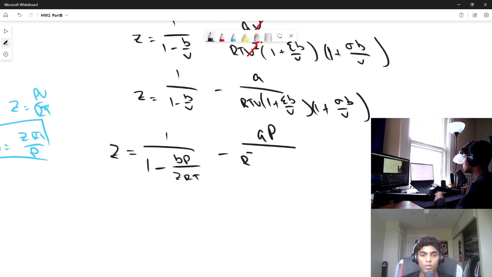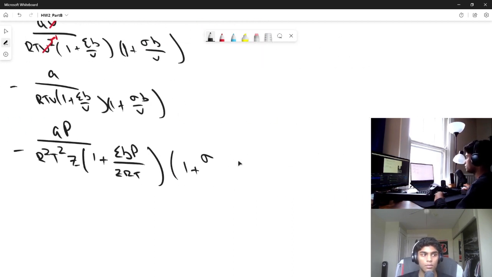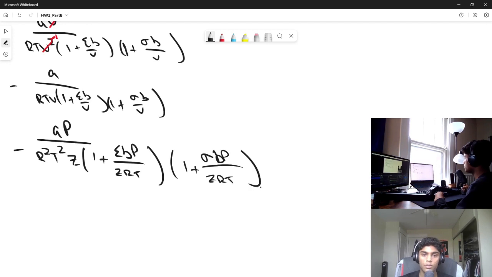So it's going to be R squared T squared times Z. And we're going to do the same thing for this. It's going to be 1 plus epsilon bP over ZRT. And same thing here, 1 plus sigma bP over ZRT.